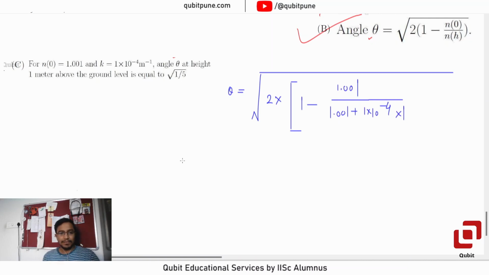What is the formula? nh is n0 plus ky. And according to the answer it should be root 1 upon 5. Let us check it here.